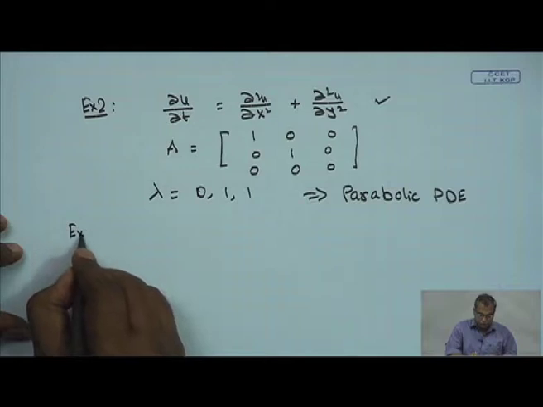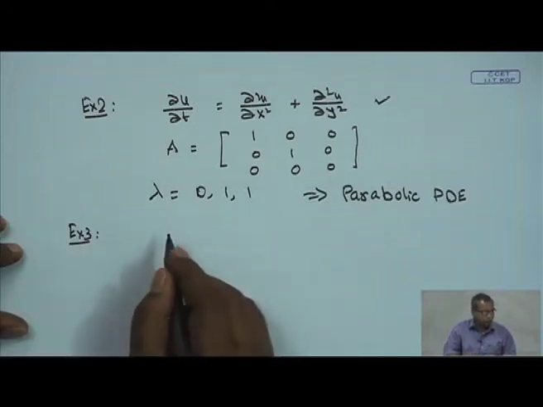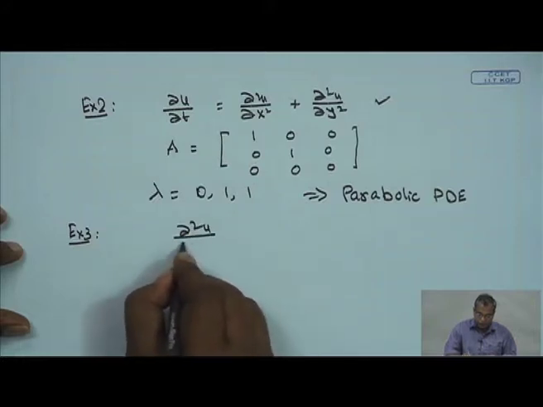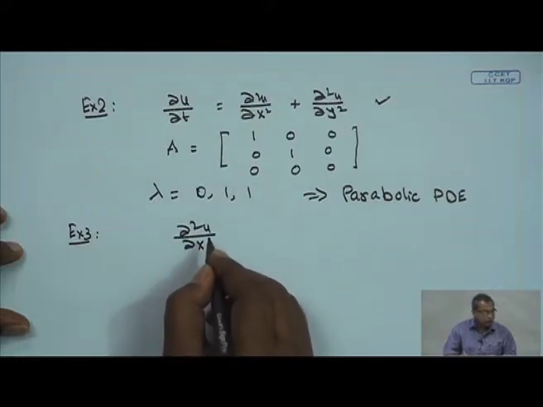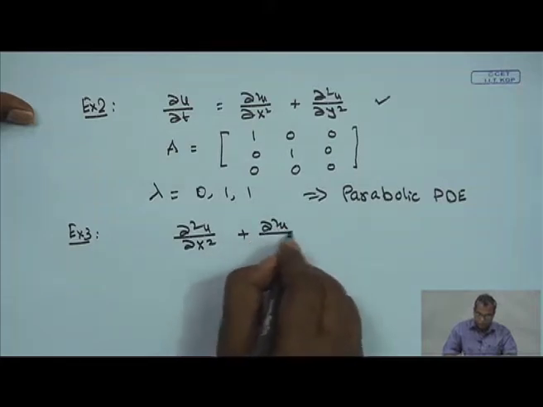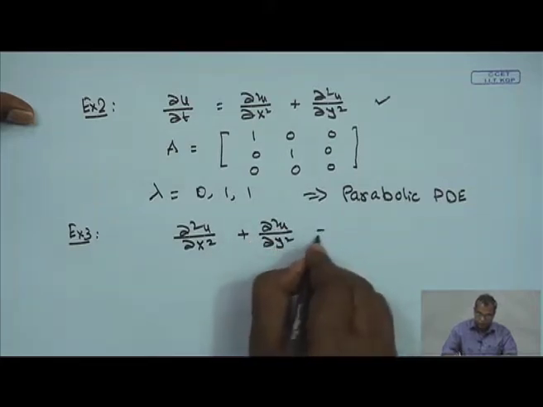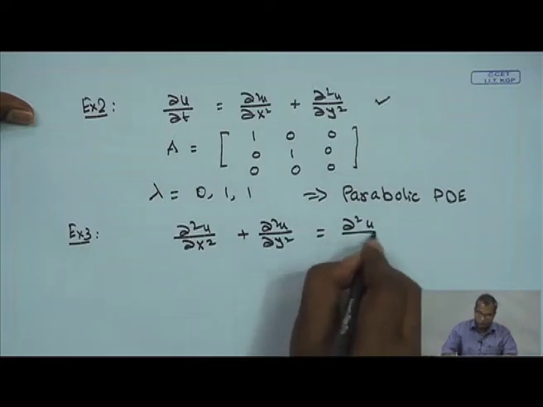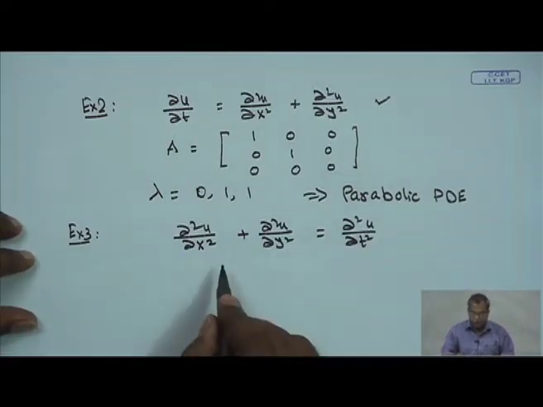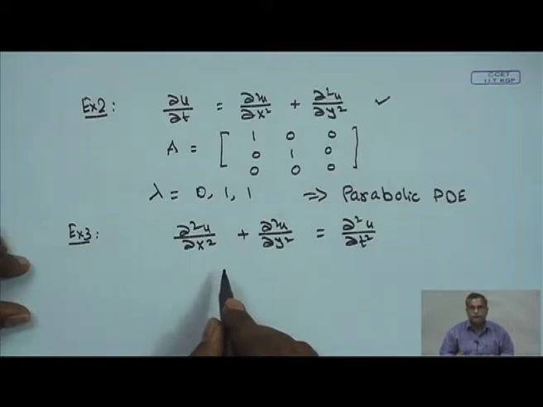Next example, we will be talking about a hyperbolic one. So ∂²u/∂x² + ∂²u/∂y² = ∂²u/∂t². In this equation, again we have to recast in the form that we have already discussed, that we take all the second order terms on the left hand side, and the rest of the terms on the right hand side.